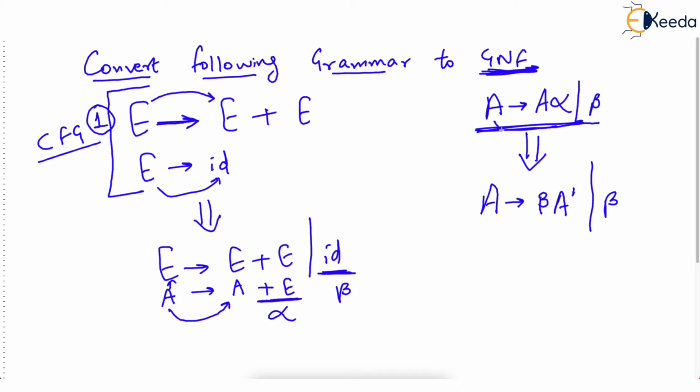That means you preserve A derives beta, but you introduce A derives beta A dash. A dash is a new symbol, so A dash derives alpha A dash or alpha. This is the revised grammar.